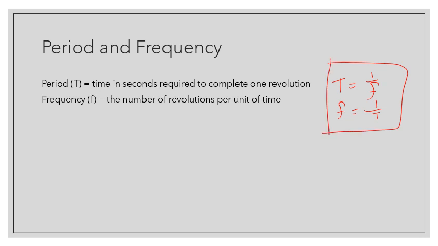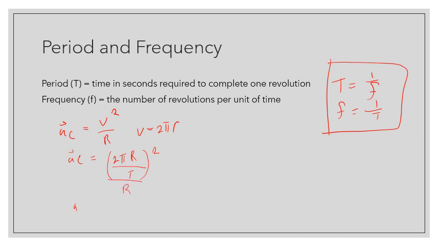We know that the equation for centripetal acceleration is v squared over r, and velocity is equal to 2 pi r over T. So ac is equal to (2 pi r over T) squared over r.